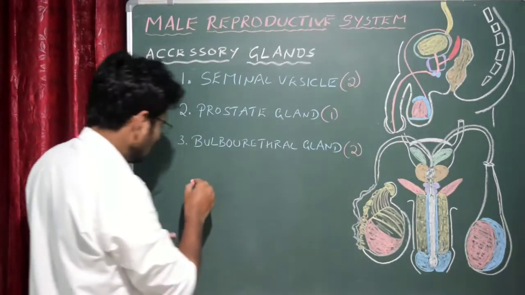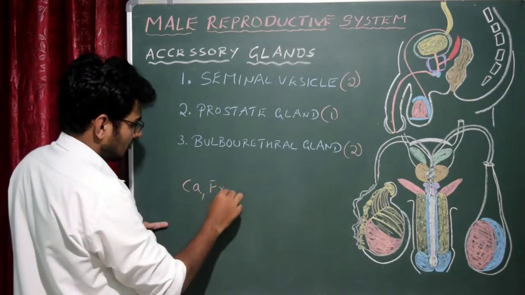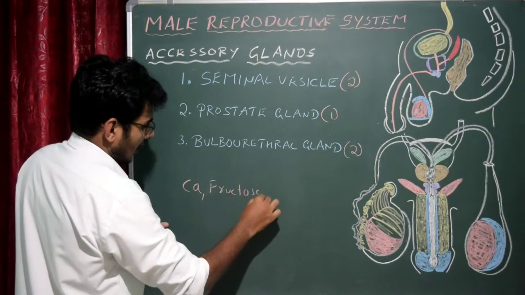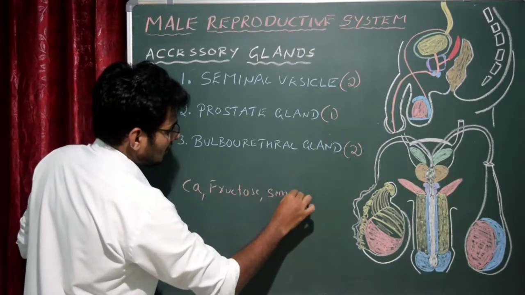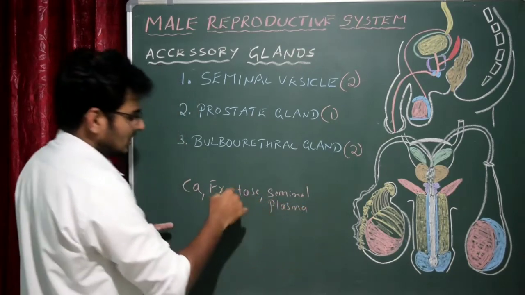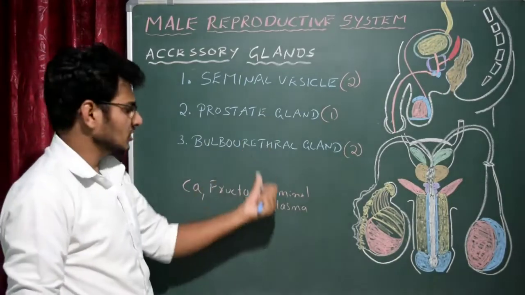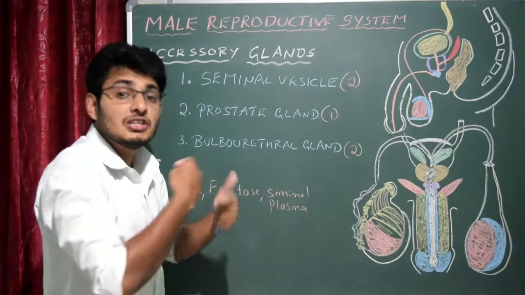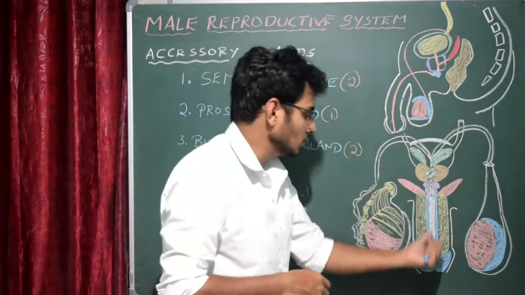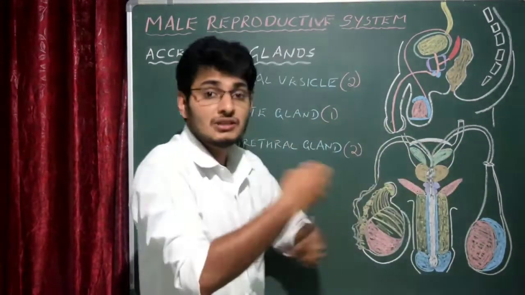The functions include, I'll just write here, they secrete calcium, they also secrete fructose, and also they secrete seminal plasma, a liquid. Okay, so these three things are secreted by seminal vesicle and prostate gland, which help to nourish these sperms actually on their way into this urethral meatus. Got it? They help to nourish the sperms.